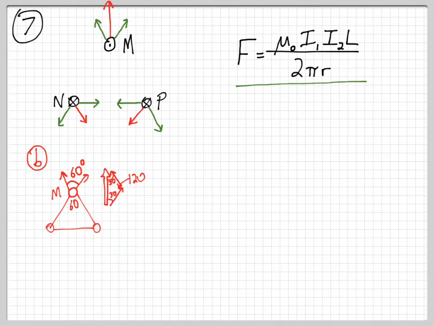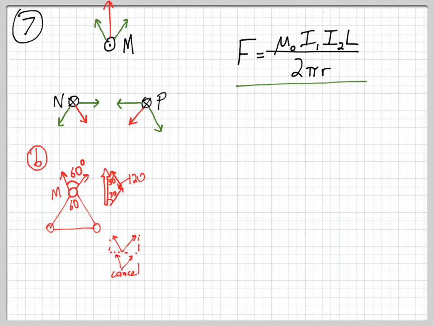The other way you can do it is to leave the two individual force vectors where they were, but think about their components. I can split each of them into horizontal parts and vertical parts. The two horizontal parts are going to cancel, since it's all symmetric.